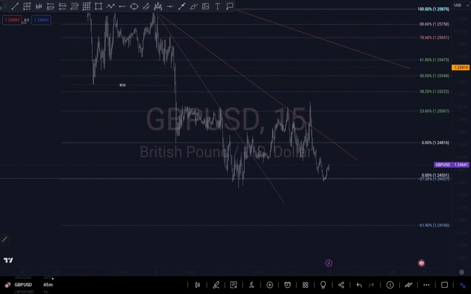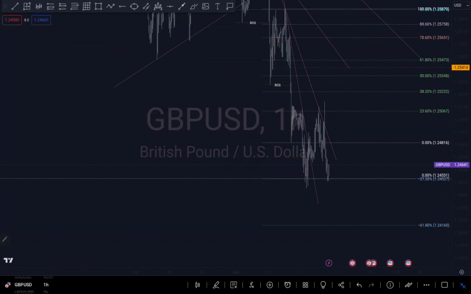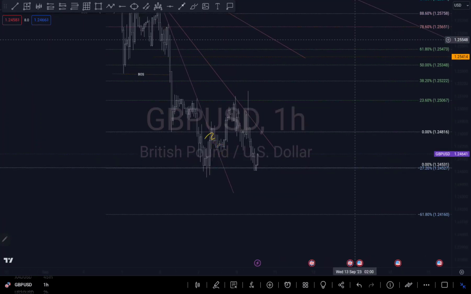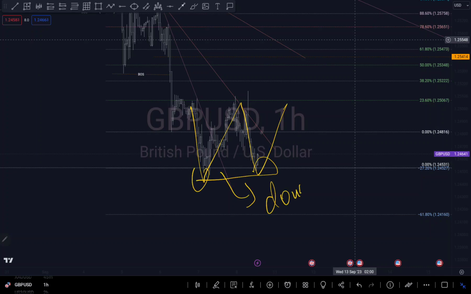Let's go to a bigger time frame just to see my overall thought on GU. It's giving me something like a W. We can see right here it's giving us a double bottom, which shows there's a possibility for it to push to the upside, right?